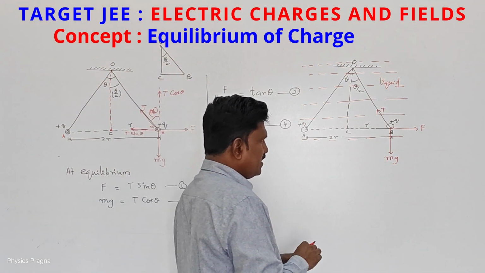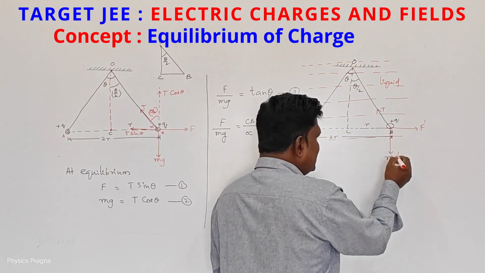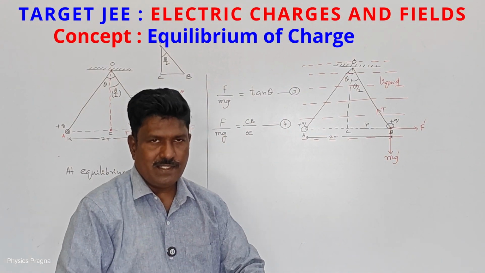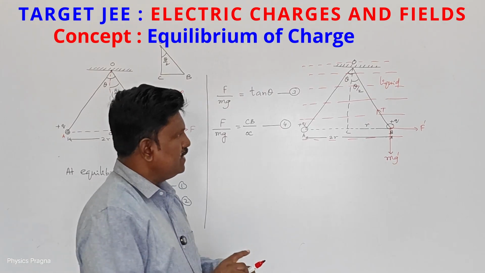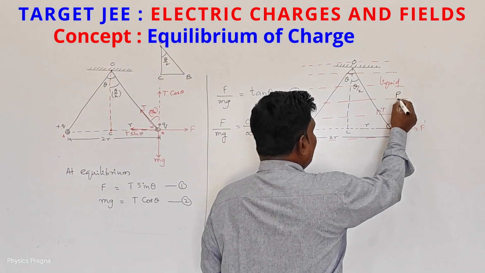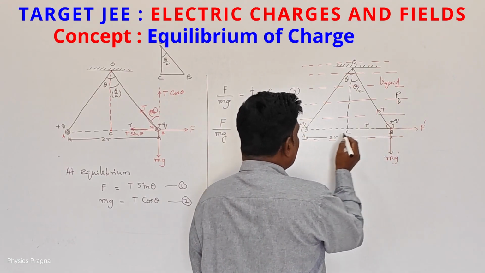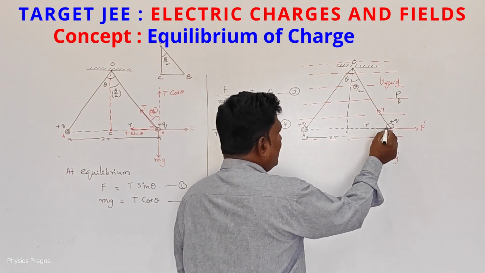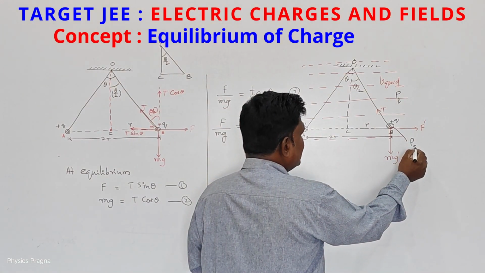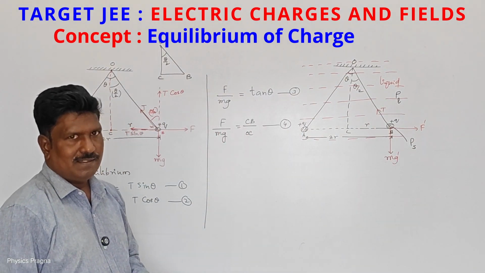That's why this force is different and this g is also different when it is submerged in water or some liquid. The liquid has density rho L, and the solid bob has density rho S.